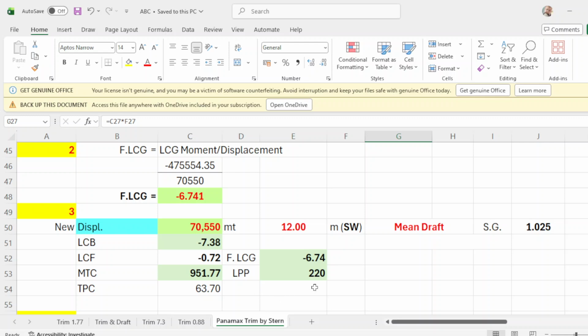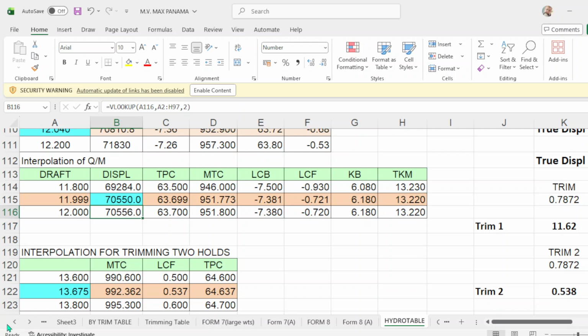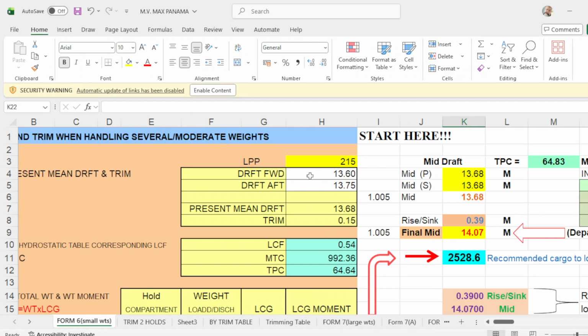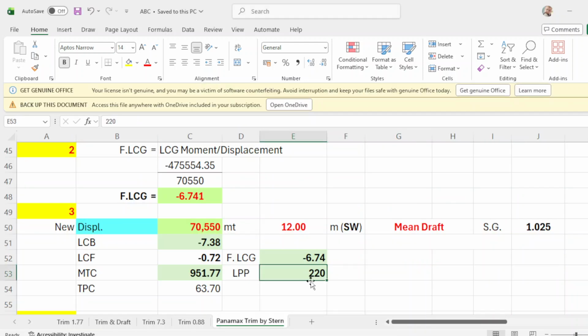And ship's LPP should be 215. So put it 215. This should be 215, okay? LPP.